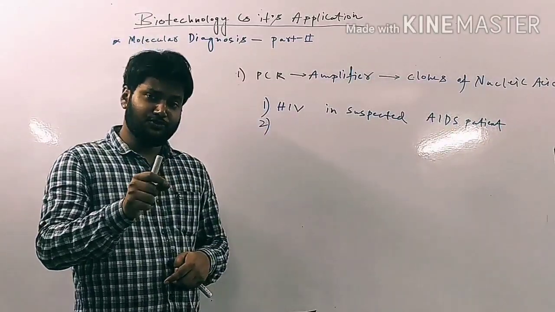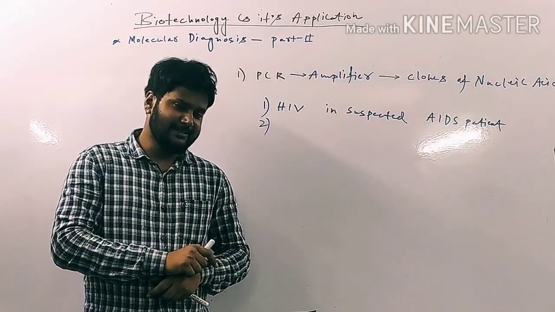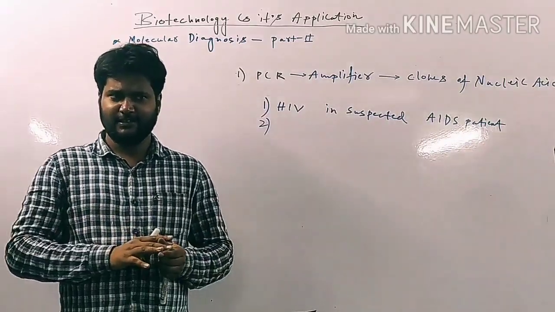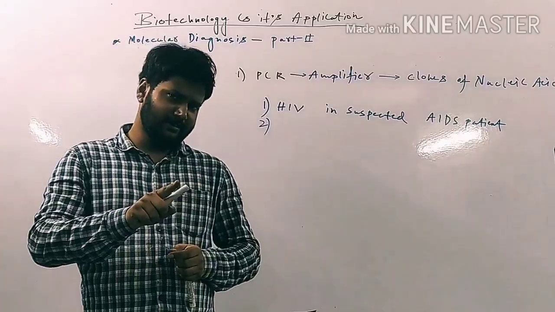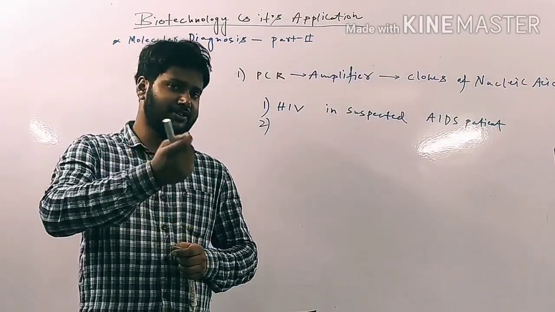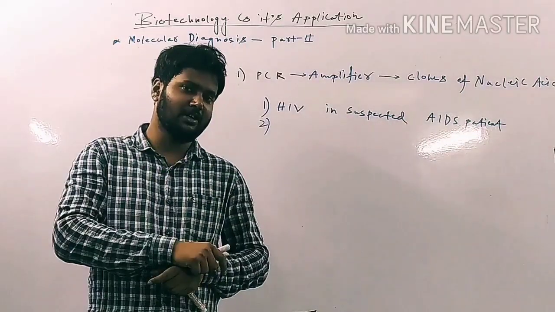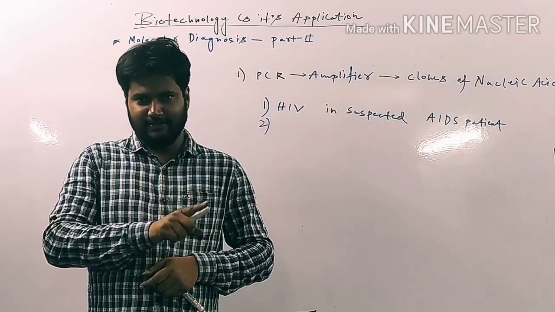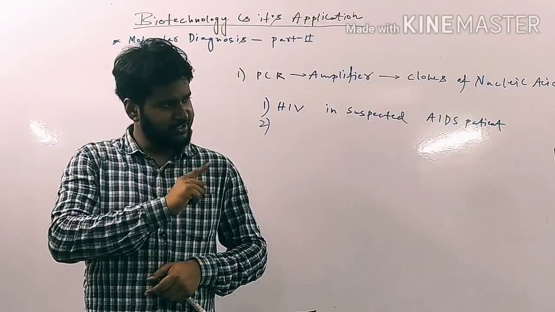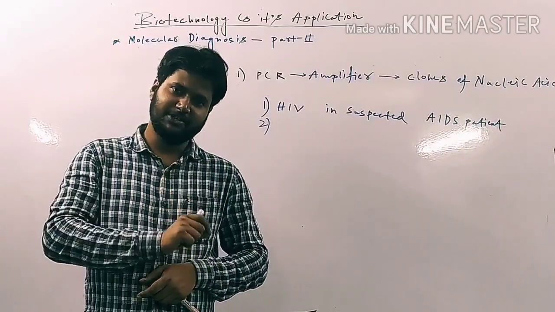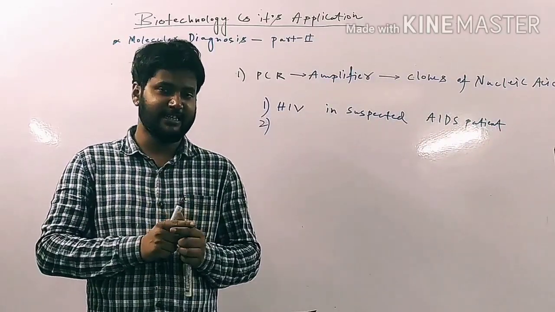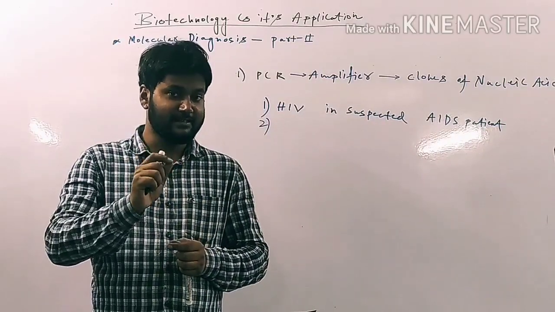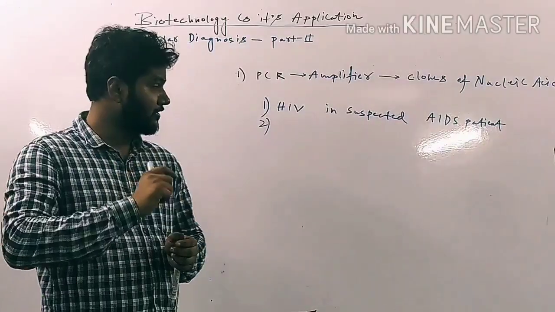Next, PCR is also used in case of cancer. Cancer may be caused by various means. One of the main reasons behind cancer may be mutation. Mutation in a gene may cause cancer. In those cases, the PCR technique helps us in detecting any mutation in a suspected cancer patient too.